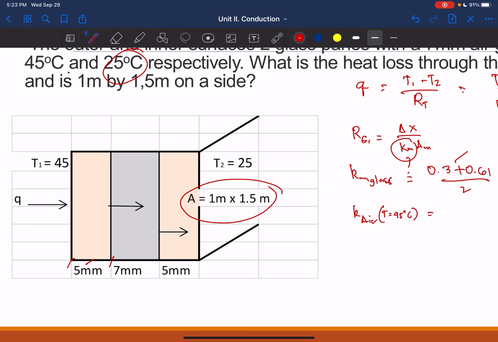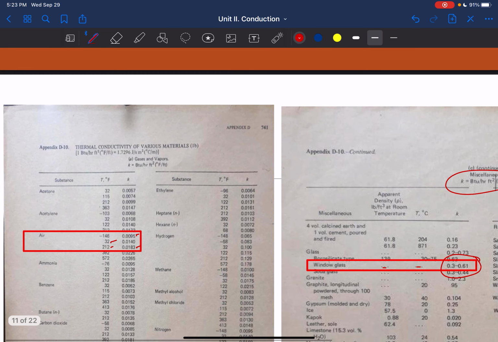Since you know two values at two temperatures, 32 and 212, you interpolate. So at 32, I need the value at 95 degrees and 212, but this is 0.0140 x and 0.0183. By interpolation, you get a value of your x to be around 0.015.